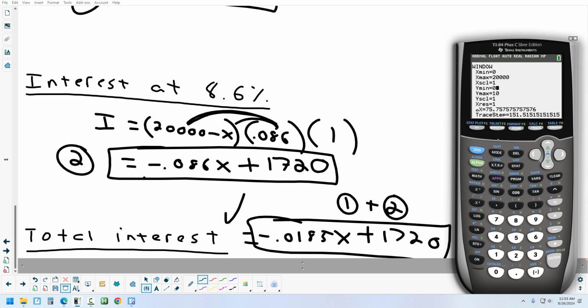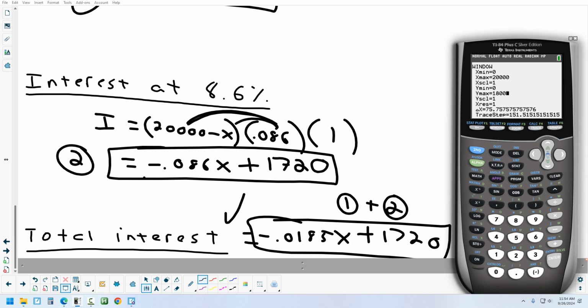Since the slope is negative, what direction does that mean the line is going to slant in as you go to the right? It's going to slant down. So I don't need to look any higher than 1720 because it's not going to go up. So I don't have my y max right on the edge, I might do like 1800. Okay, so we got our window set up.